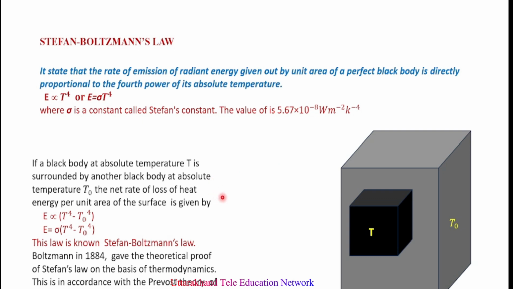So we can apply thermodynamic concepts to understand the radiation inside any enclosure. This is in accordance with the previous theory of heat exchange: all bodies emit radiation towards the surroundings.